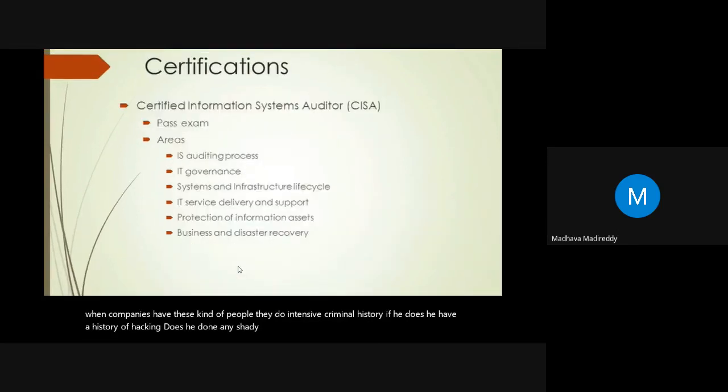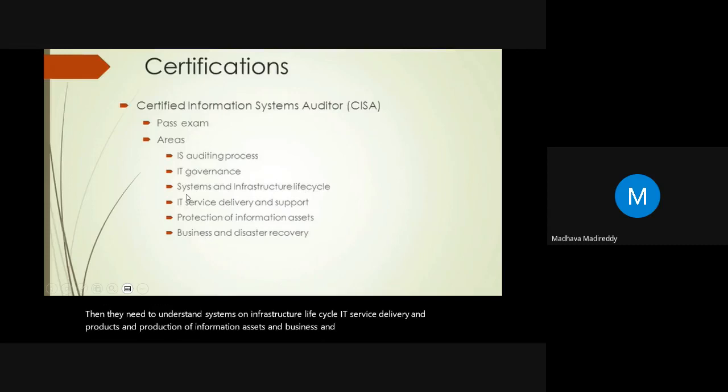Then the certifications, Certified Information Systems Auditor. This is basically an audit exam. There will be an exam that needs to be passed, and primarily they deal with information security auditing and governance. Then they need to understand systems and infrastructure lifecycle, IT service delivery and products, protection of information assets, and business continuity and disaster recovery.